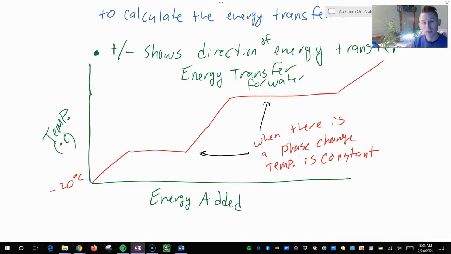The reason the temperature is constant is because the energy going into the system is not making the particles move faster anymore. They're simply overcoming the intermolecular forces, or the forces of attraction between them.